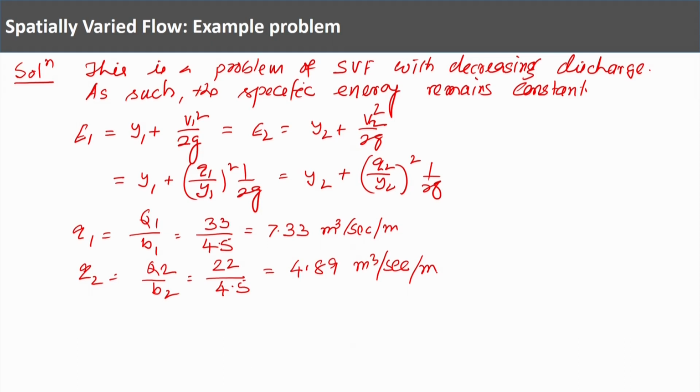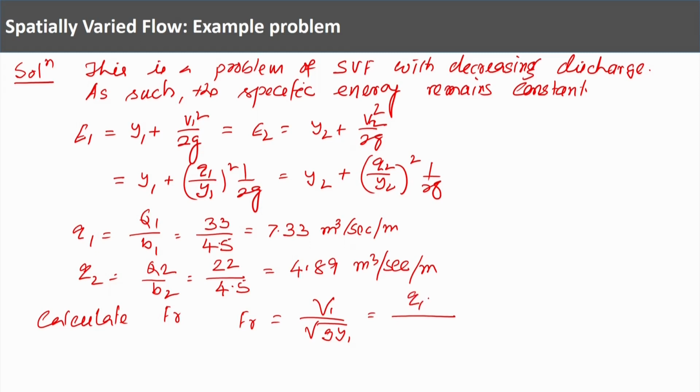Now let us calculate the Froude number to see whether the flow is subcritical, supercritical or critical. Froude number is given by Fr equal to V by root of g y1.